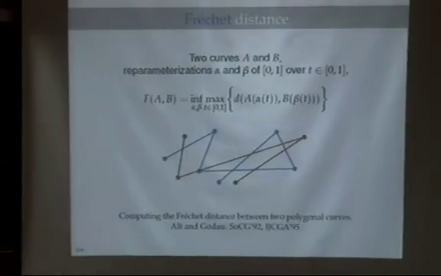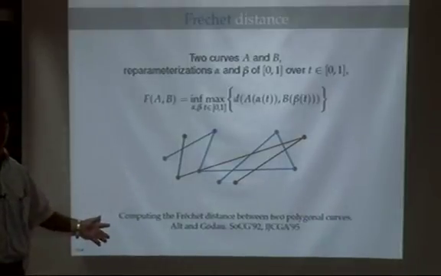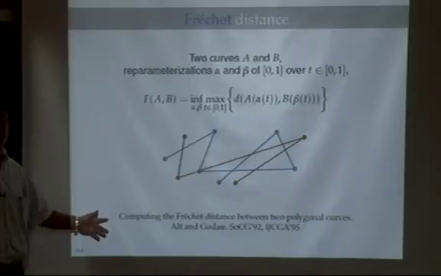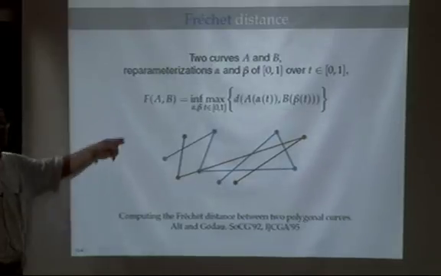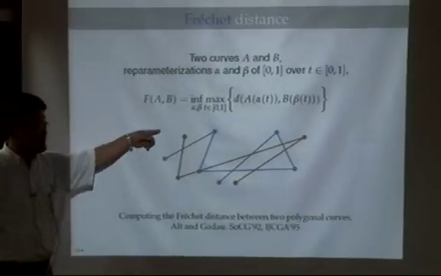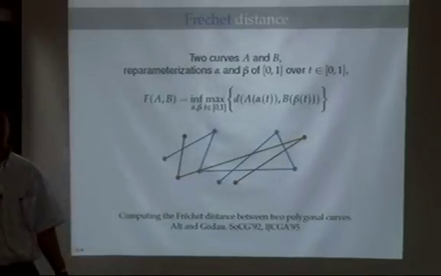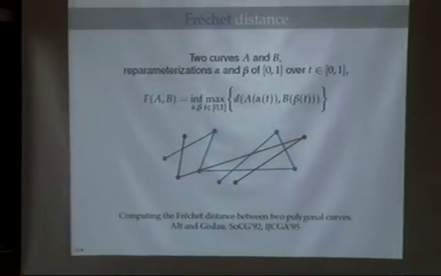If I have time, I can talk more on how to compute this. But for two polygonal curves, you can compute the Fréchet distance in roughly n squared time. If one curve has n vertices and the other curve has m vertices, then it takes mn log mn time, roughly speaking.